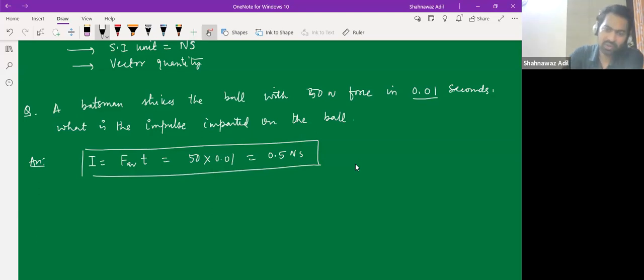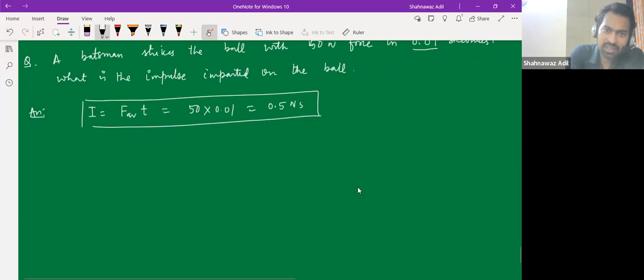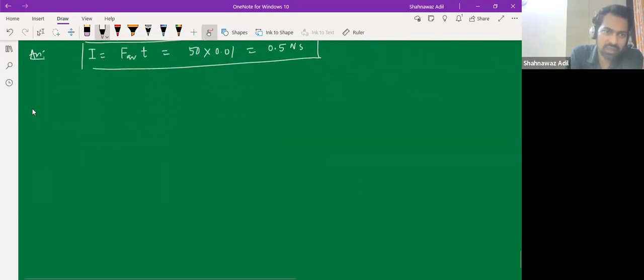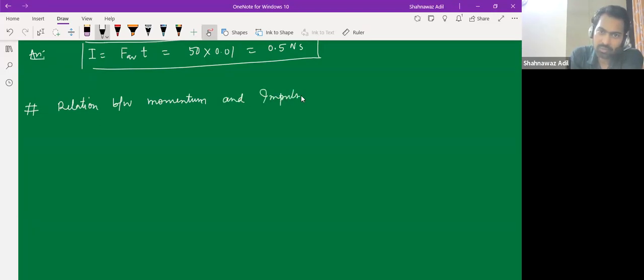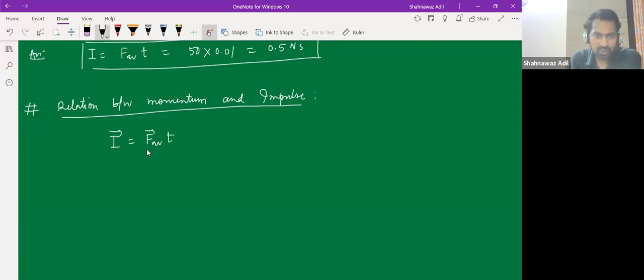Okay, now this impulse is also related with momentum, right? So the relation between momentum and impulse. We know that impulse is F average into T. And what was the definition of F average?